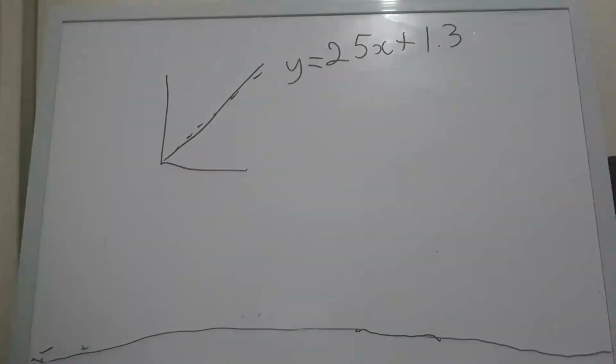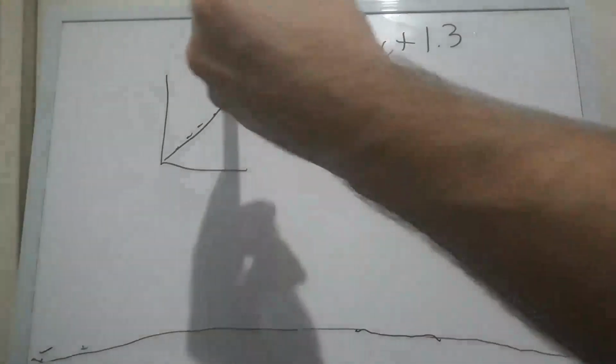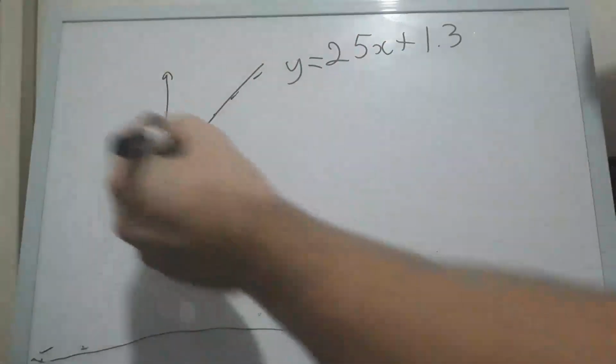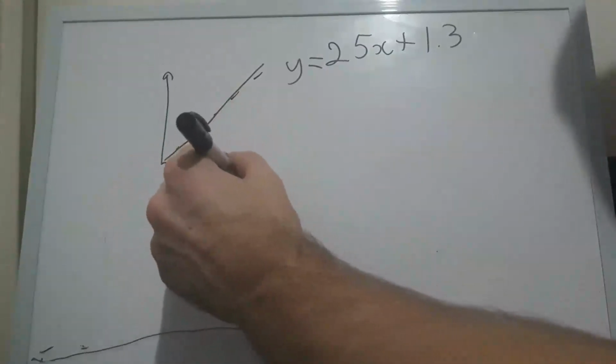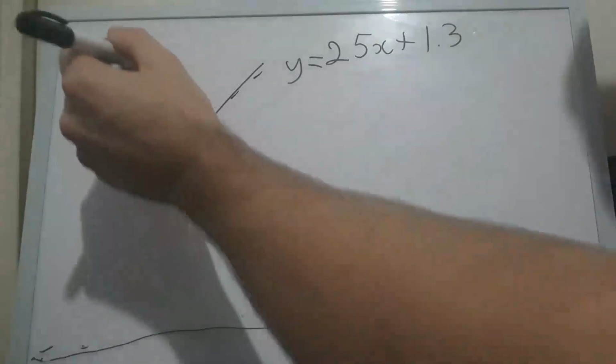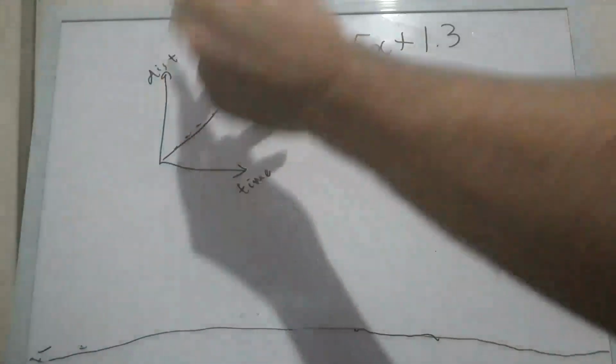Now, you may get a question in an exam, or a test, or a SAC, that says something like, how far would this person expect to have traveled after 20 seconds, let's say? Now, remember, your calculator will give you a trend line in terms of y and x. That's always, y is your vertical, x is your horizontal. What we plotted was time on your horizontal and distance on your vertical.